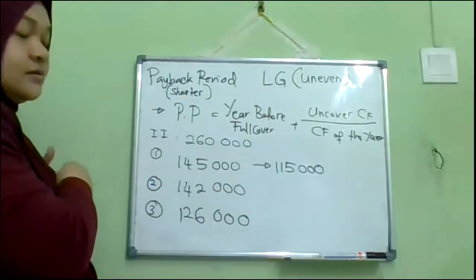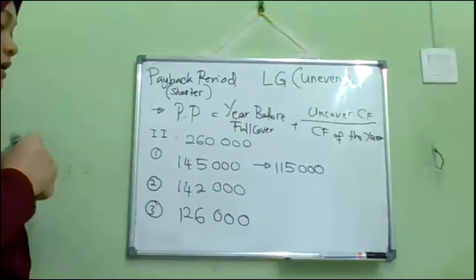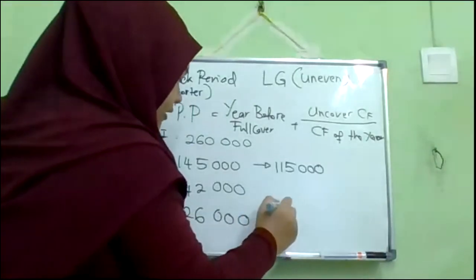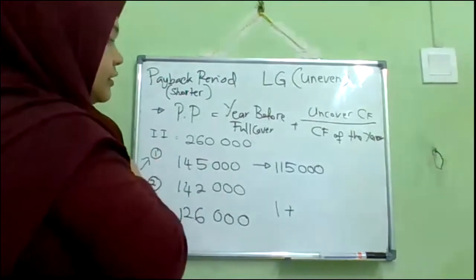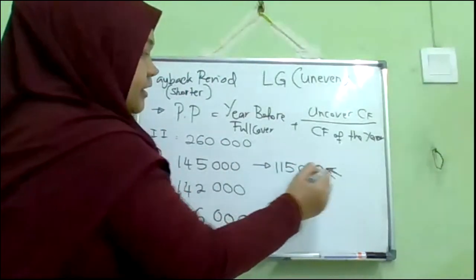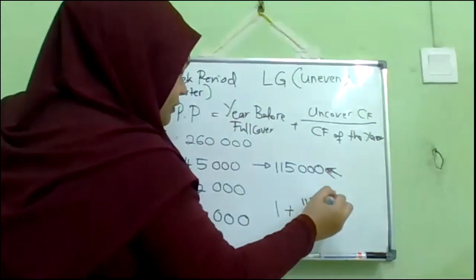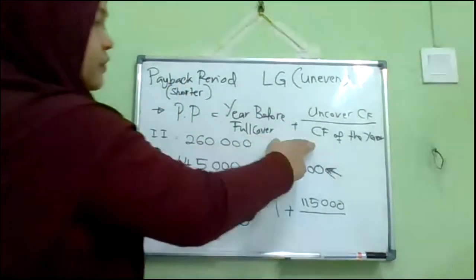Okay, so now how you're going to decide which one is year before full cover? Year before full cover is this year. So it is 1. Plus uncovered cash flow, this one. So this is uncovered cash flow, which is 115,000. So which one is cash flow of the year?